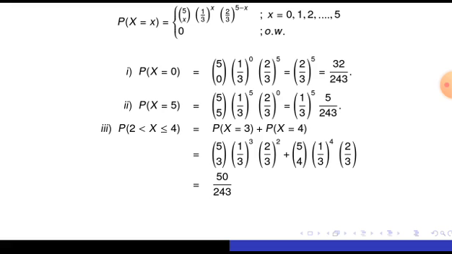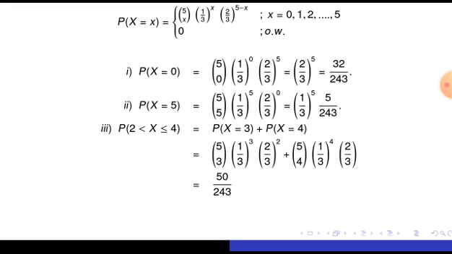It is my mistake and I am sorry for this mistake. Please correct it. The second probability is 1 divided by 243. Okay.